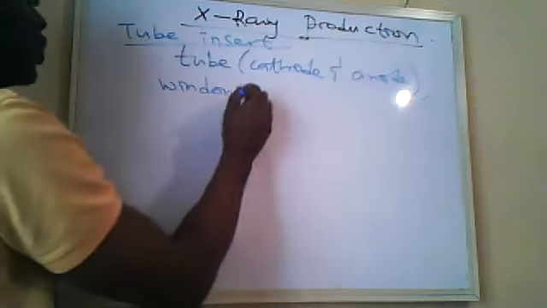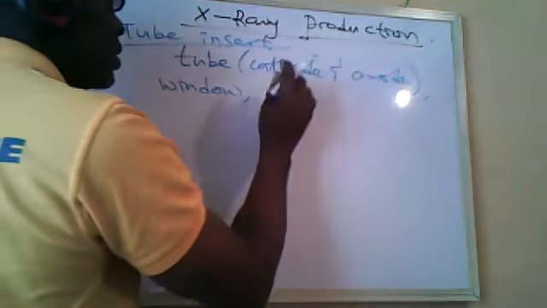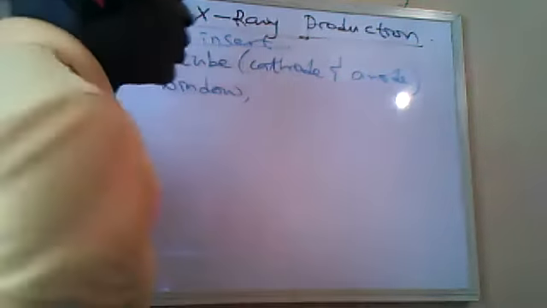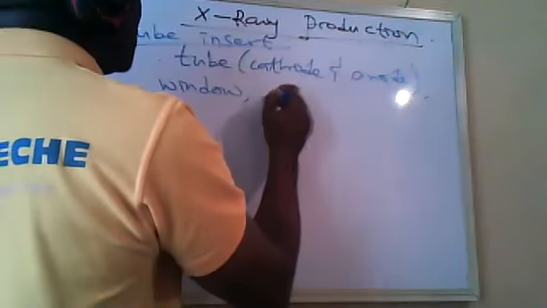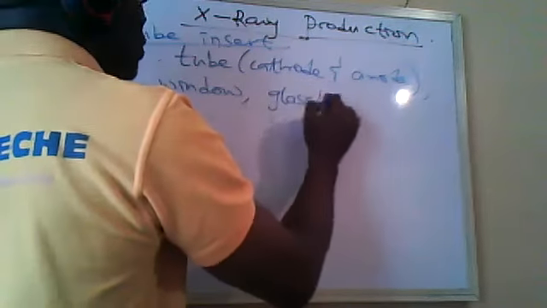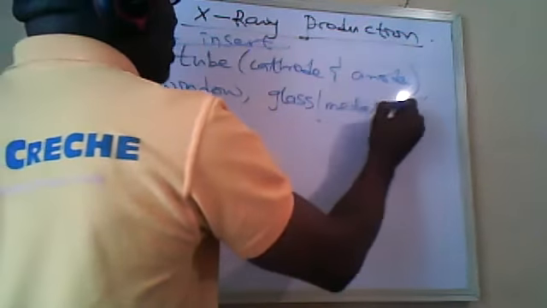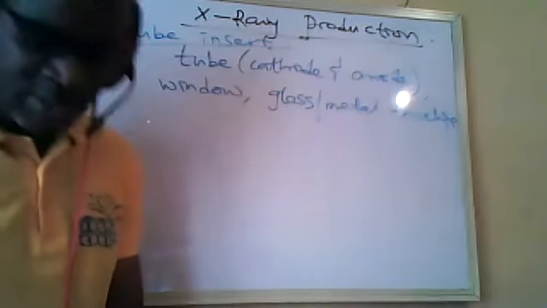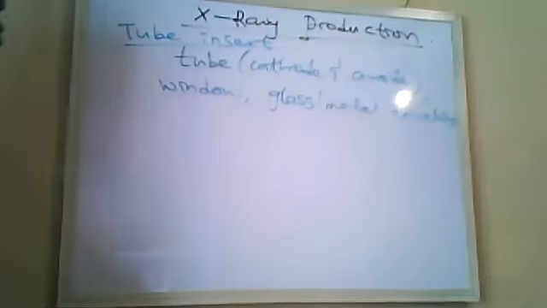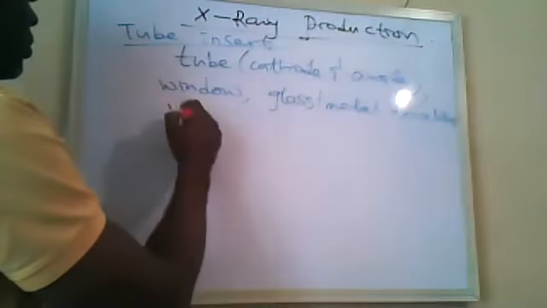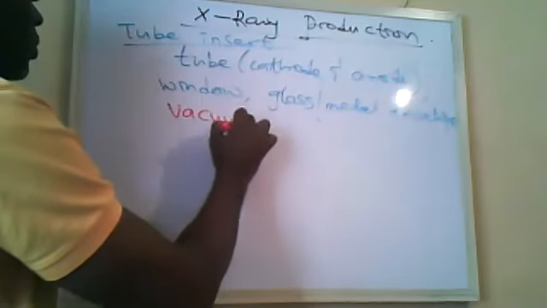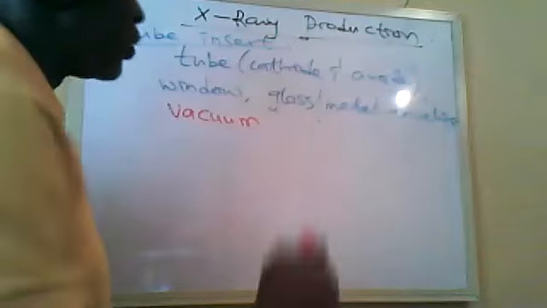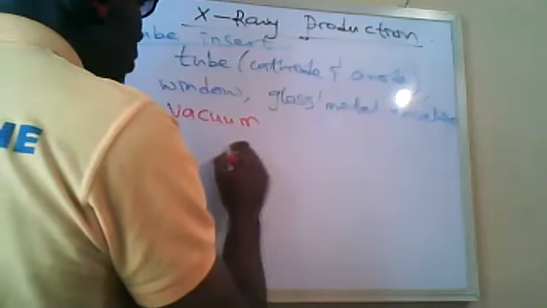The output window consists of, what do we have again? The glass or metal envelope. I think we did this last week. And of course the vacuum.